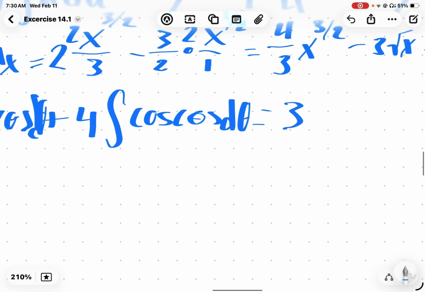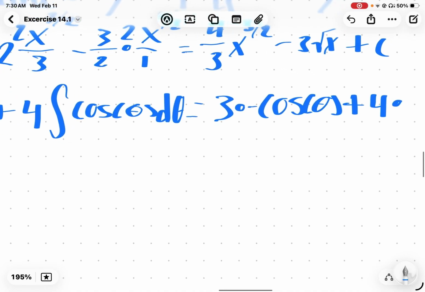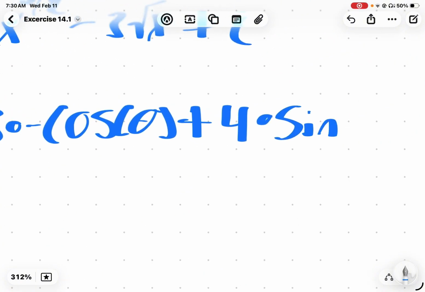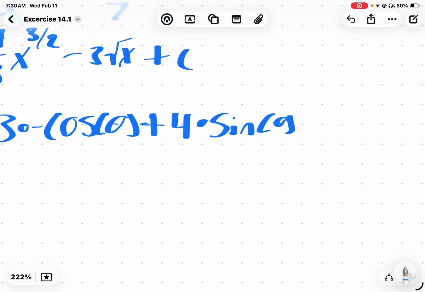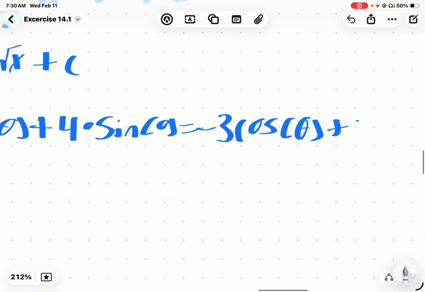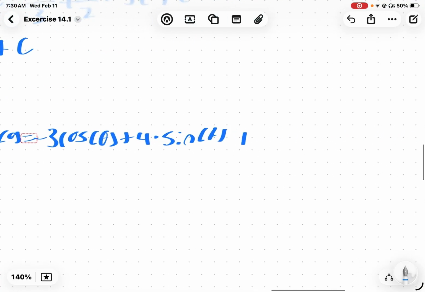So that would mean we do 3 times negative cosine of theta, and then plus 4 times, and then the antiderivative of cosine, well, the derivative of sine is cosine, so that would be 4 times sine of theta. So to simplify this, it's just negative 3 cosine of theta plus 4 times sine of theta, and then plus c.